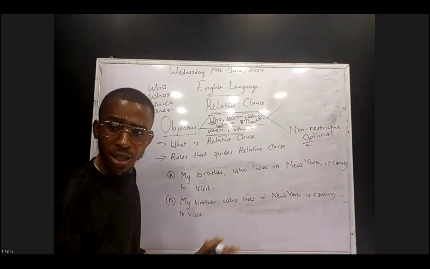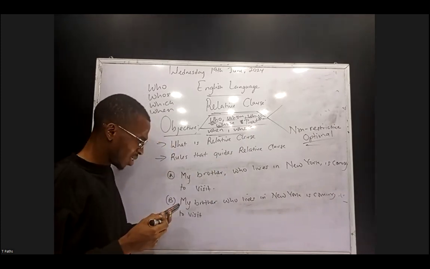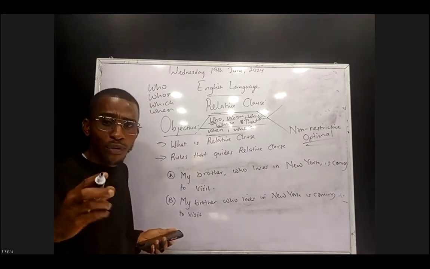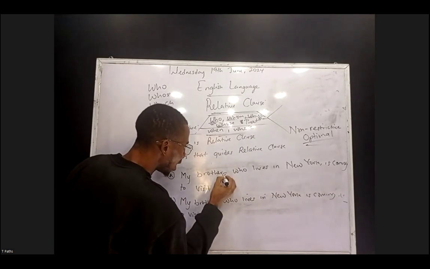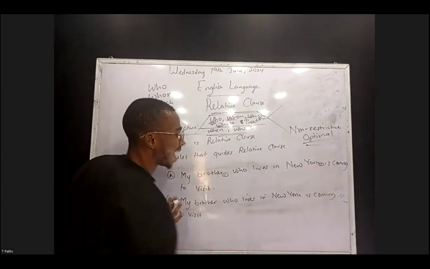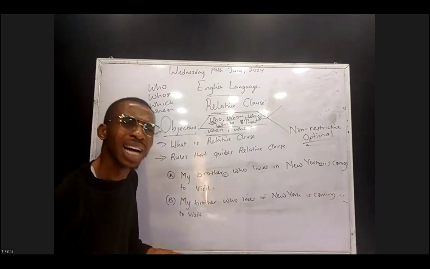If you examine these two sentences very well, the first thing you will take note of is that the first one takes a pair of commas. There's a comma here, and there is a comma here, while the second one has no pair of commas. What does that mean?